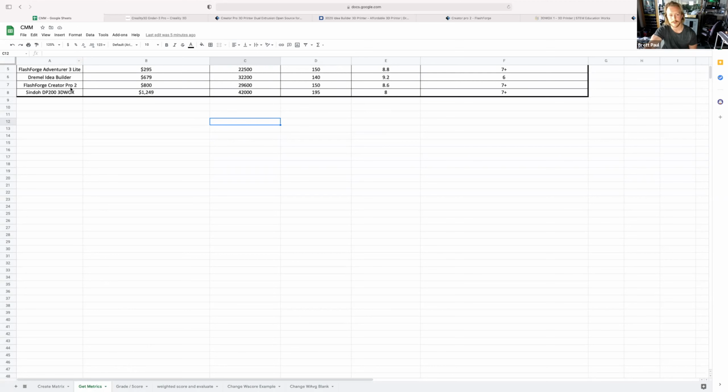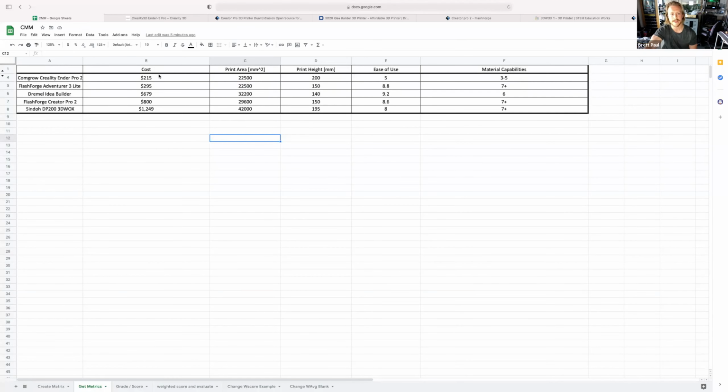We have our 5 that we're interested in, and then we do all of our research and input all of these values. The Creality Ender Pro 2 is our cheapest printer at $215. Our Cindo 3D WOX is our most expensive at $1249. Then associated print areas, print height, ease of use, material capabilities.